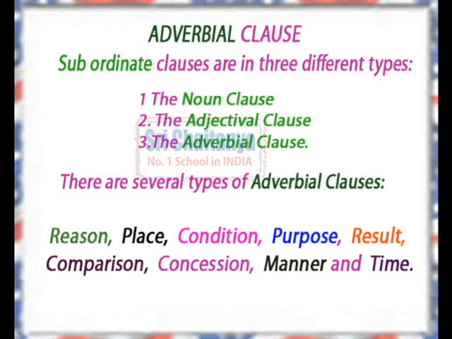In subordinate clauses, there are three types: the noun clause, the adjectival clause, and the adverbial clause. Now, we are going to know about different types of adverbial clause. Adverbial clause of reason, place, condition, purpose, result, comparison, concession, manner, and time.